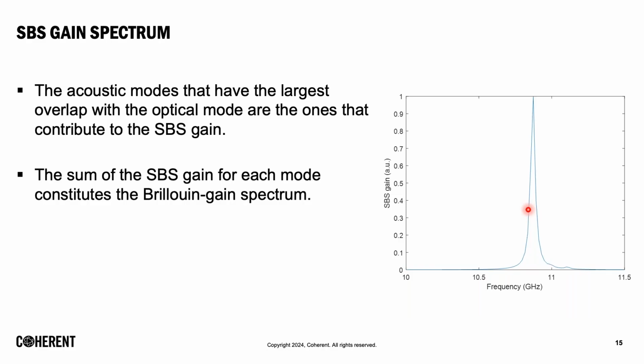We have compared the several spectrums with literature and with experimental results, and we have very good agreement. Just for simplicity, and because I cannot share our custom profiles, I just use a step index profile to show you what we did, but the principle is the same.